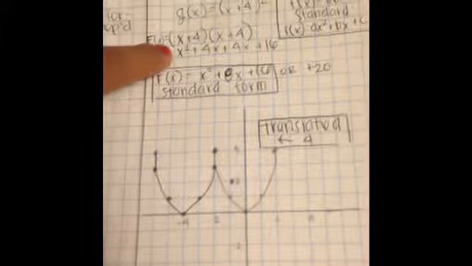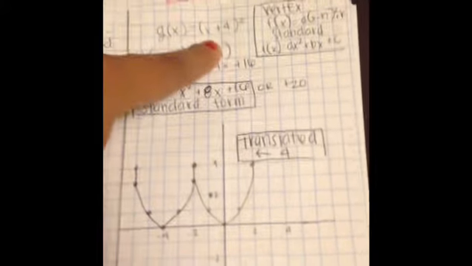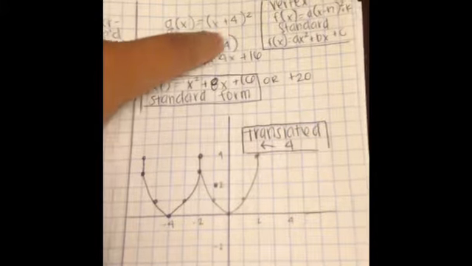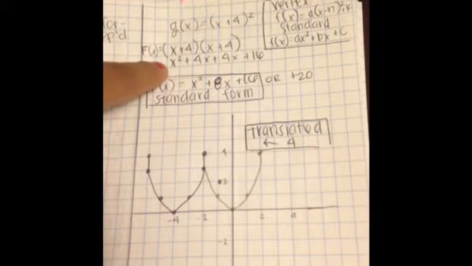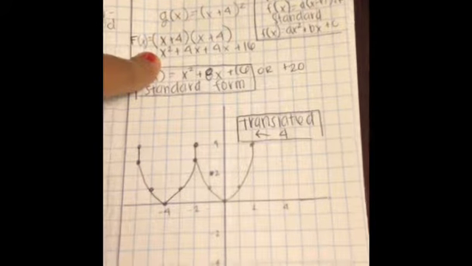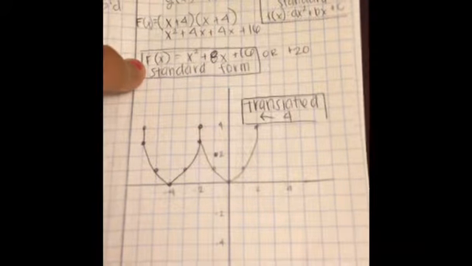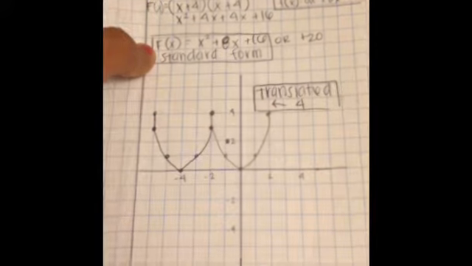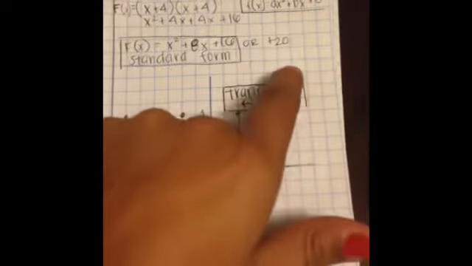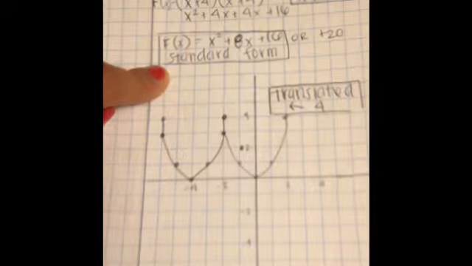So in this case we began with this (x plus 4) squared, and then what we did is we're just going to FOIL this, and it becomes x squared plus 4x plus 16. We're going to simplify that, and that comes out to x squared plus 8x plus 16. But that's standard form. So from there, we're going to move on to our graph.